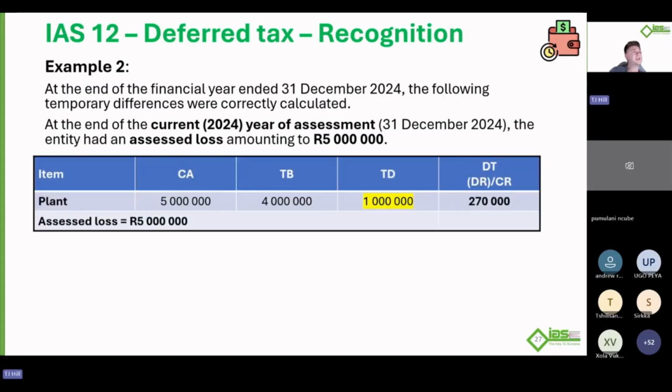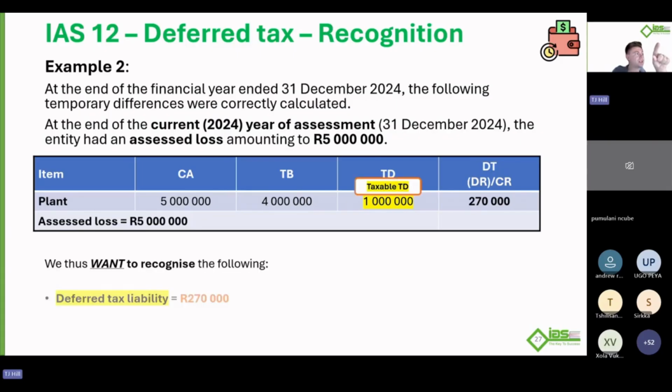Which then means that I do my DT calc. They've given me this plant portion that they've calculated, and I did my current tax calc first, and my final answer there was not a taxable income, it was a tax loss of 5 million. So at the end of 2024, I have 5 million as a loss.